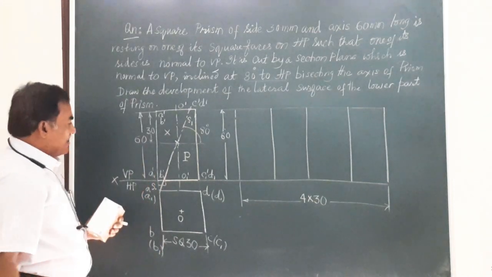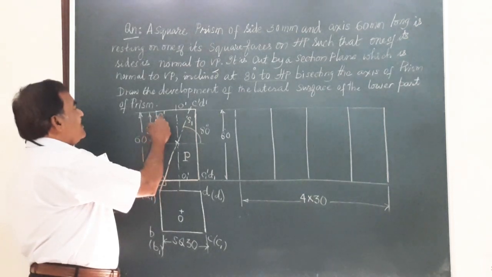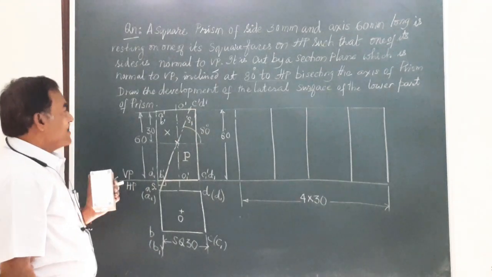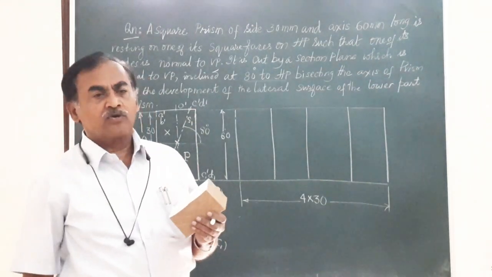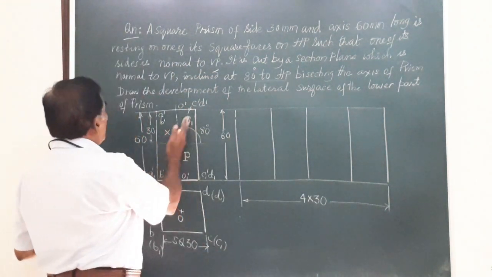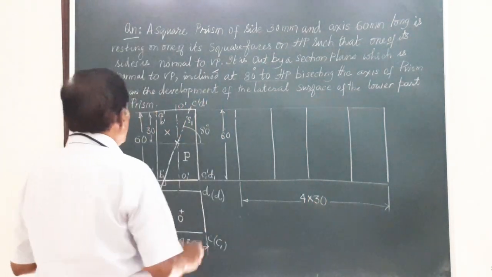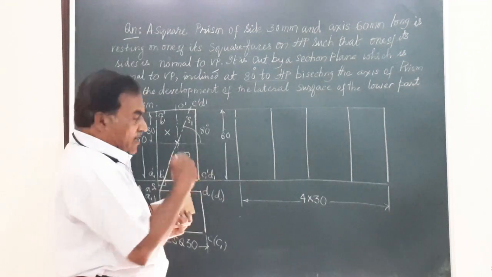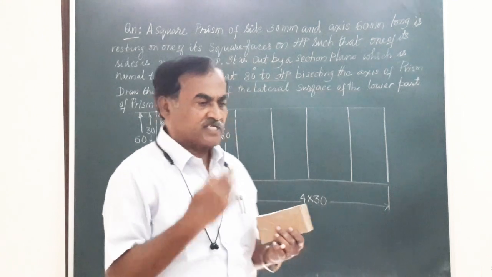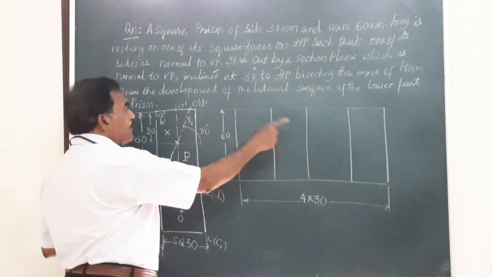If you see this part being thrown out, the vertical edges AA and BB are totally removed by the section plane. And as per the rule, whenever the solid is cut by a section plane removing one or more than one of the vertical edges or the longer edges, then we have to start the development from one of those edges. So here both AA1 and BB1 are removed by the section plane. Therefore, we have to start from AA or BB in the development.